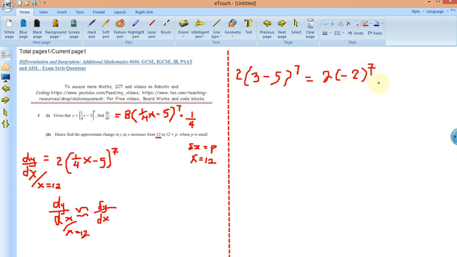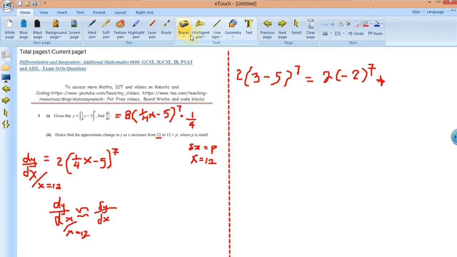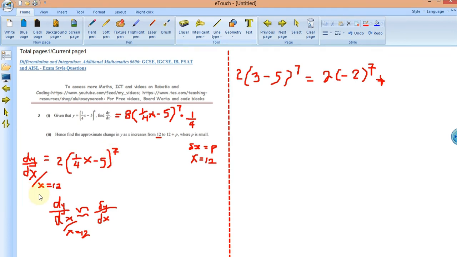So this is dy over dx as x tends to 12, as x increases from 12. So I can go ahead and work with this one now.